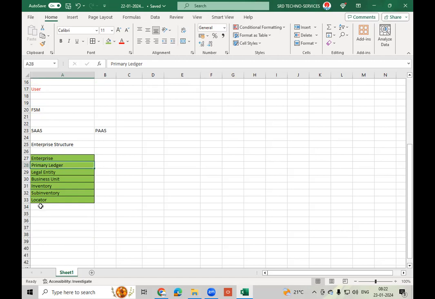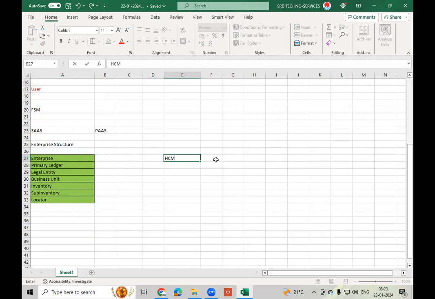Now we should start configuring this one by one in implementation. But in real time, who will define this enterprise configuration? Who will define this primary ledger? This enterprise originally belongs to HCM only, the Human Capital Management module, and will be maintained in HCM.